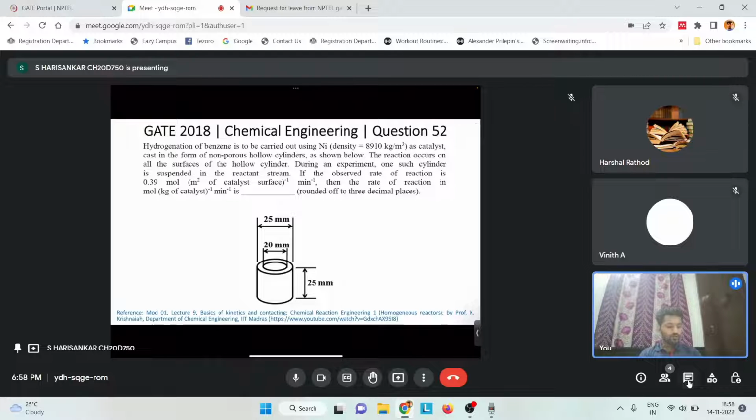What we need to find is the same rate of reaction, but in terms of mole per kilogram of catalyst per minute. So basically, we are converting this rate from mole per meter square catalyst per minute to mole per kilogram of catalyst per minute.